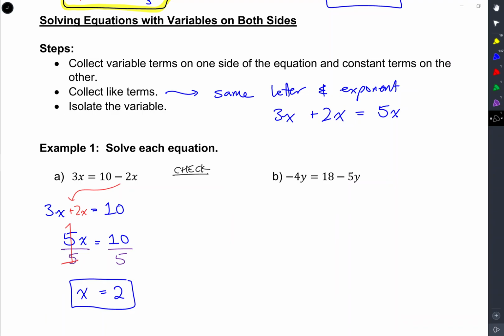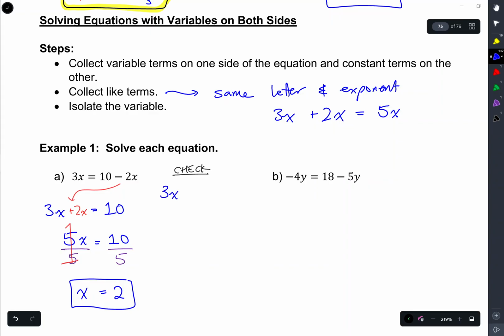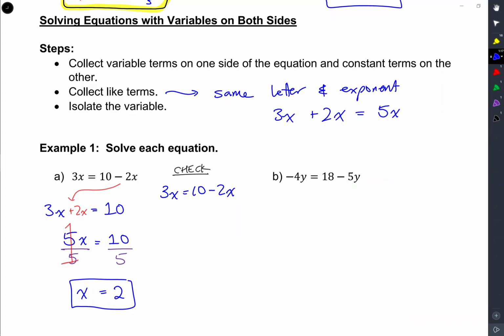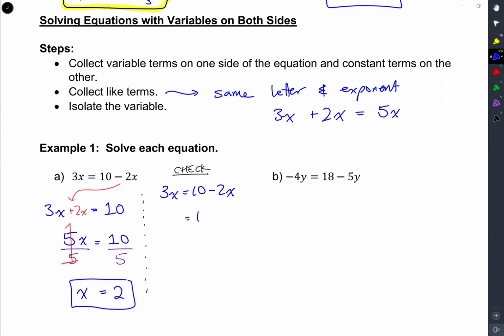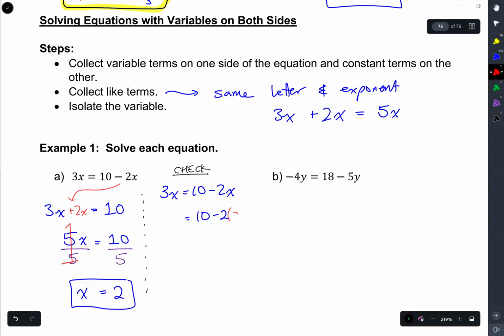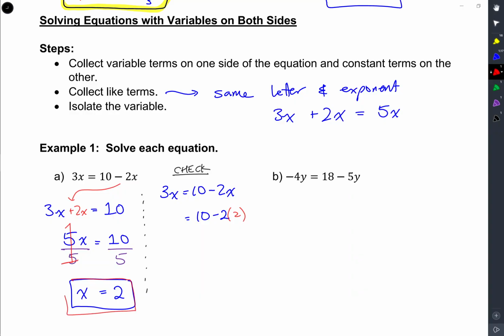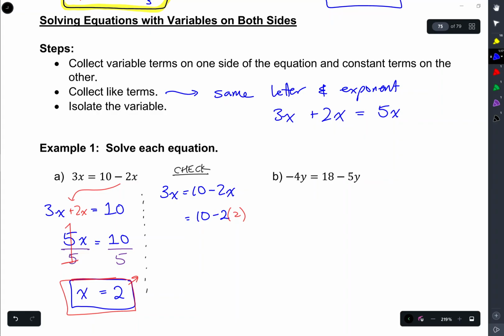So in order to do a check, we're going to take the equation 3x equals 10 minus 2x, and I'm going to not move stuff around. All that I really want to do is substitute, and I want to see if I get some sort of true statement. So keeping the equal signs in a column, there's the 10, keep the minus 2, but x we think is 2. So here's our x, we think x is 2, so we want to sub it in and see what happens. On the left hand side, we have 3 times x.